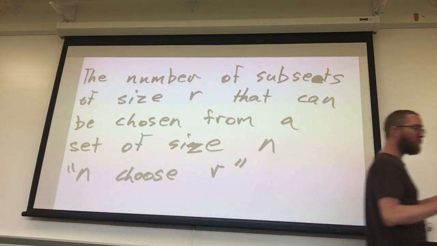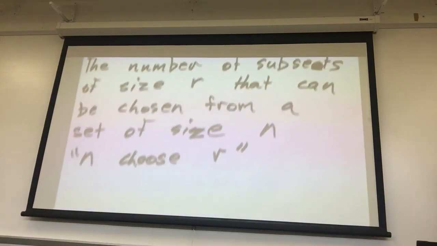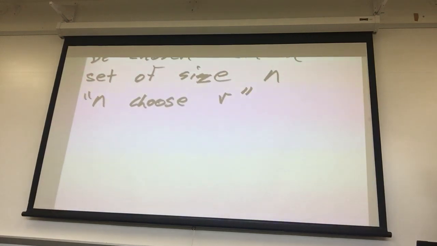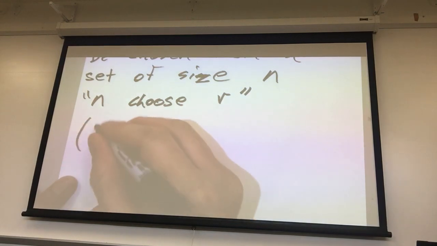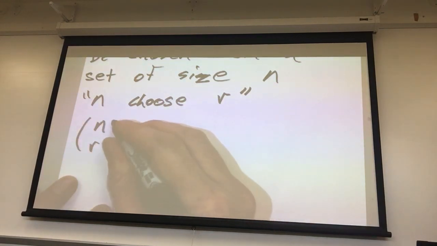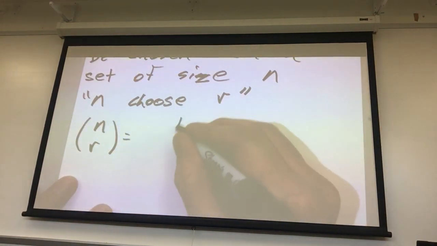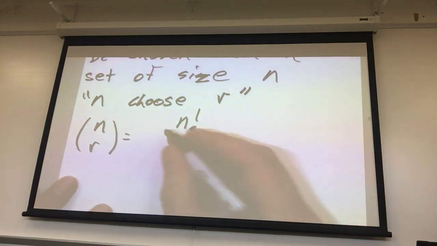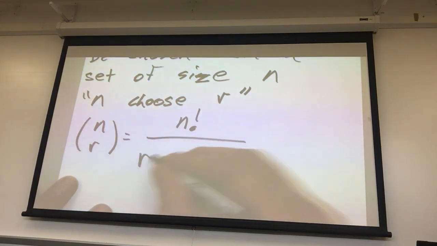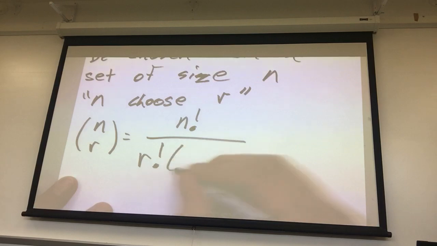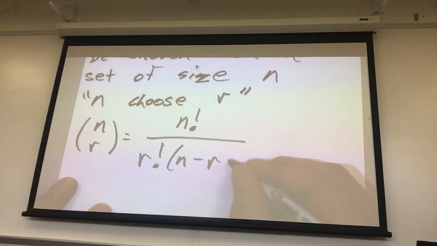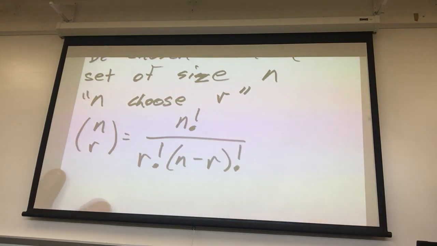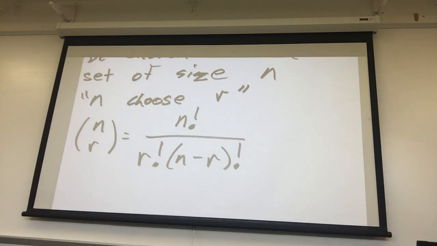Okay? So n choose r is n factorial divided by r factorial times (n minus r) factorial.